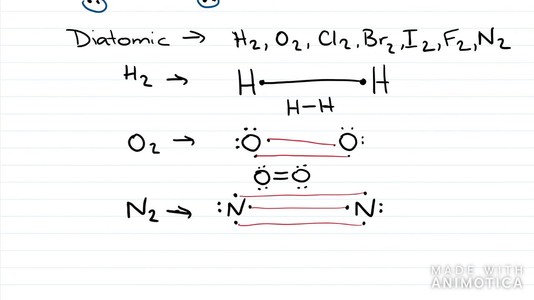If I'm sharing 3 pairs, how many lines am I going to have in between them? That's right, 3. 1, 2, 3. And then don't forget that one pair of electrons that are on each of the nitrogens.